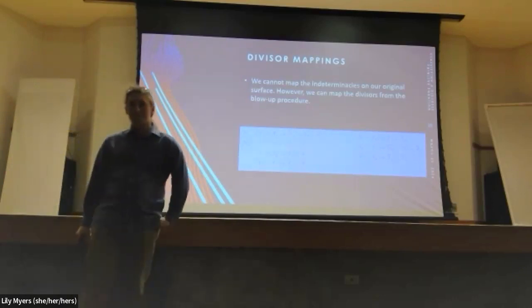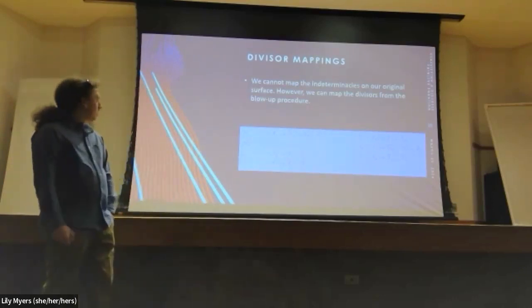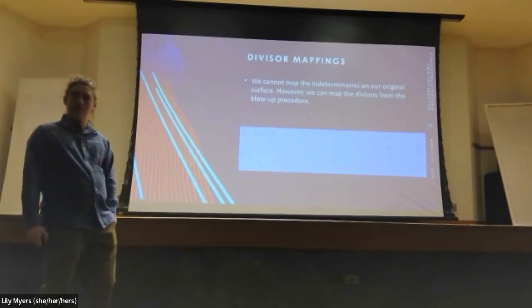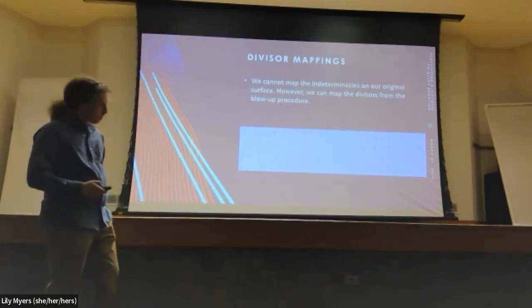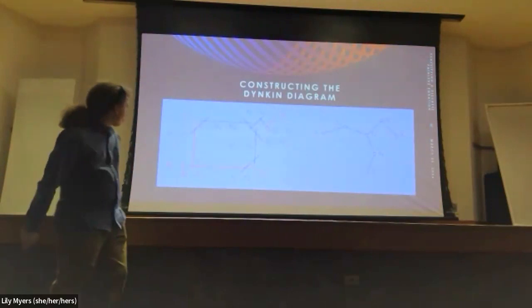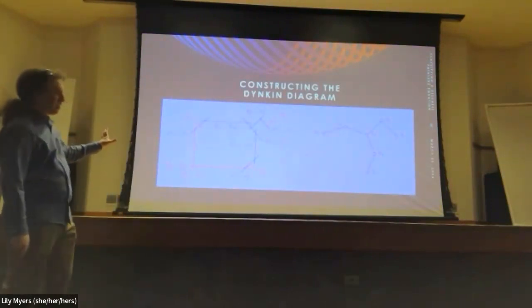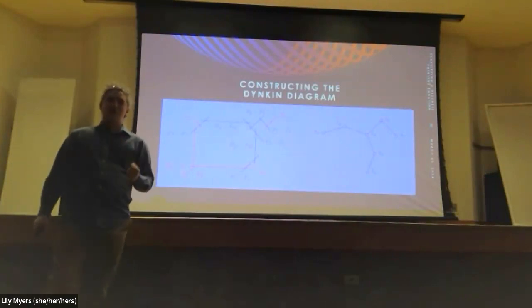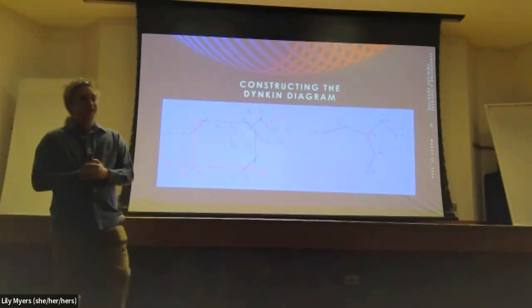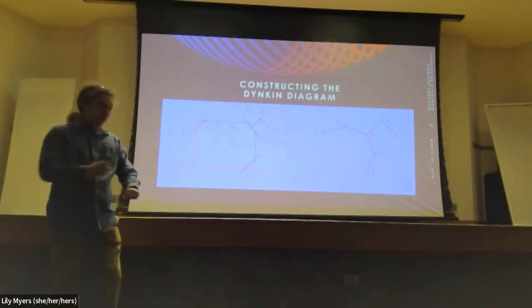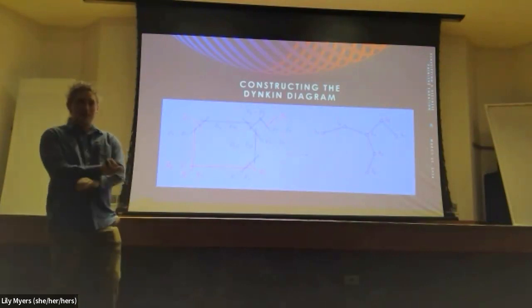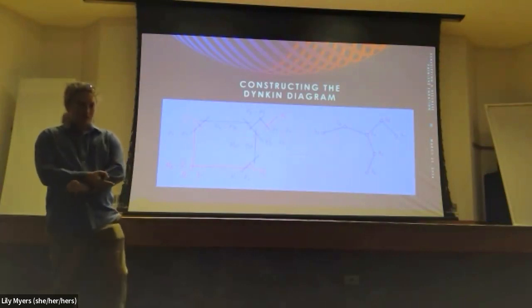Appreciate it. Could you talk about how the intersecting could lead to you actually painting an actual picture of the surface? Yes, so the main way to look at it is through this diagram. The unfortunate thing, and the reason I don't have a great picture for everybody, is that when we do the blow-up procedure, when we take out a single point and replace it with a line, we actually increase the dimension of our surface each time.